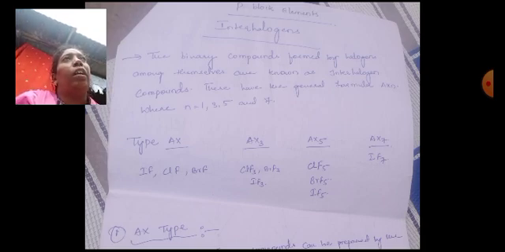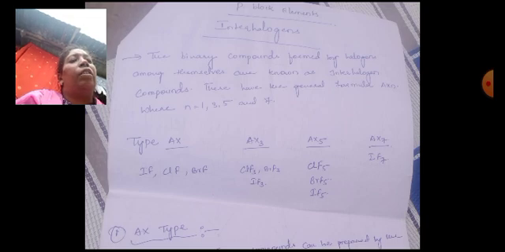So we'll go to the types of interhalogens. There are 4 types: AX type, AX3 type, AX5 type, and the fourth one is AX7 type. AX means one halogen is A, the other halogen is X. AX3, one halogen is A, and three of the other halogen, X3.